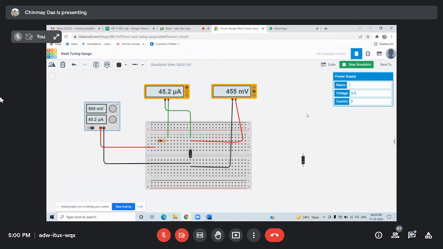At 0.5 some minor current is there, in the microampere range. At 0.6 it is increasing. At 0.7 again it is increasing. At 0.8 the voltage drop is 0.5. Go up to 1, 2 volt, 5 volt, and at one point the voltage drop across the diode will stop and current will start increasing.